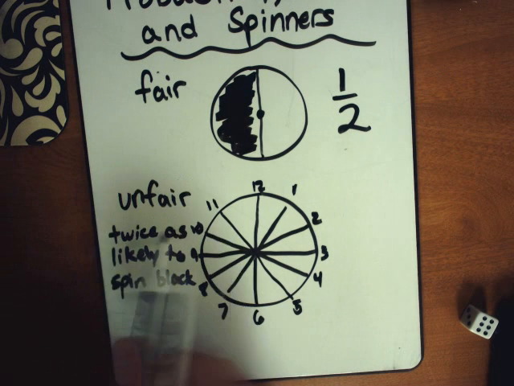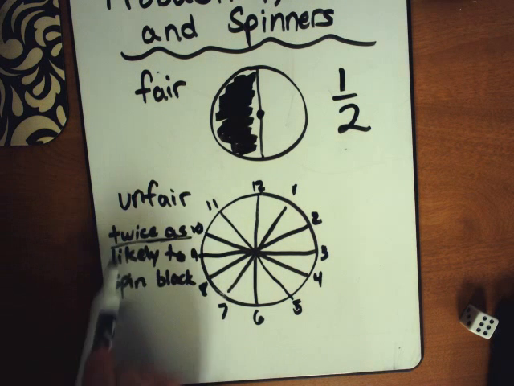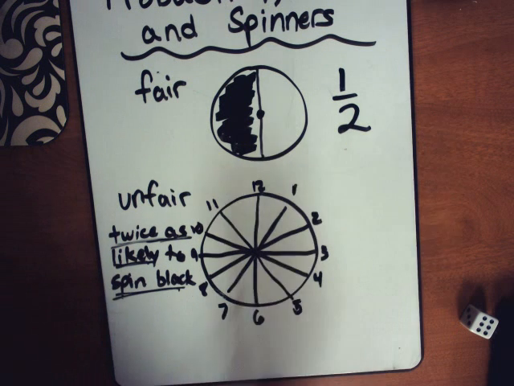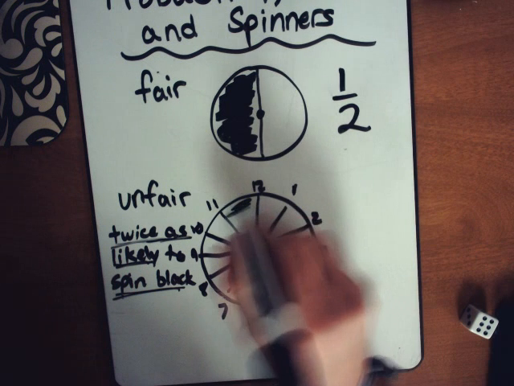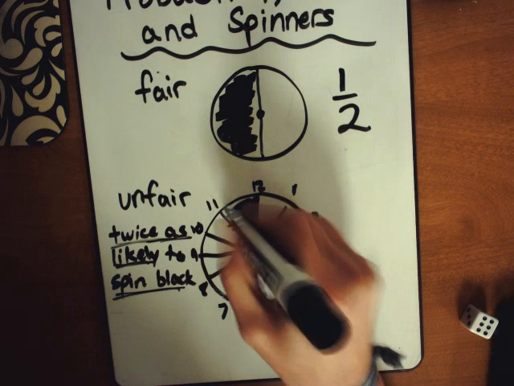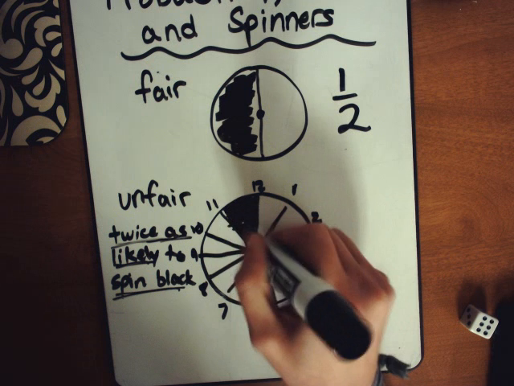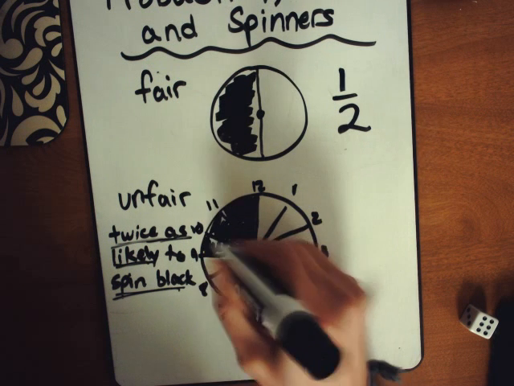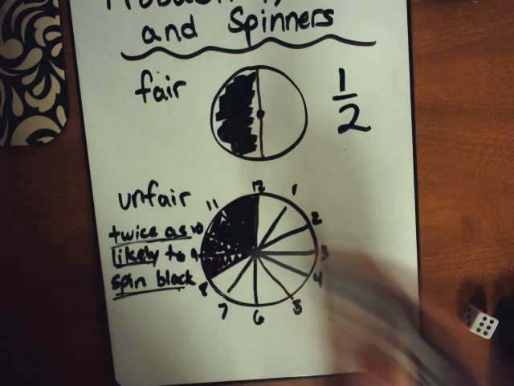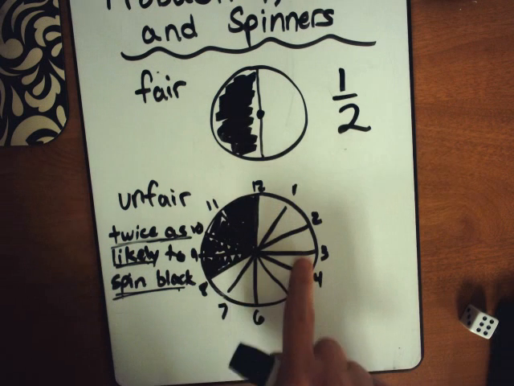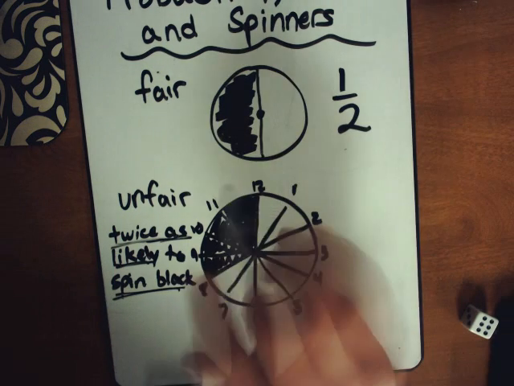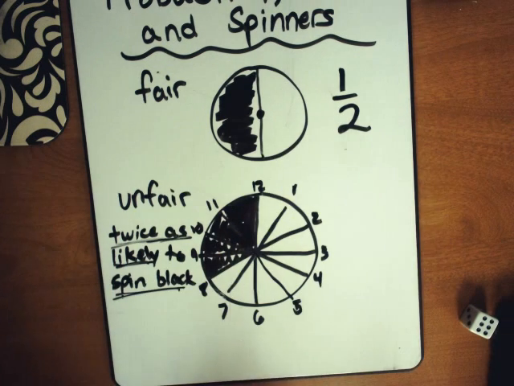So if I want it to be twice as likely to spin black, then I need twice as many black pieces as I would white pieces, right? So I'm going to go ahead and color this one black, and this one, 3, 4, and that leaves 1, 2, 3, 4, 5, 6, 7, 8 pieces that are white and only 4 pieces that are black.